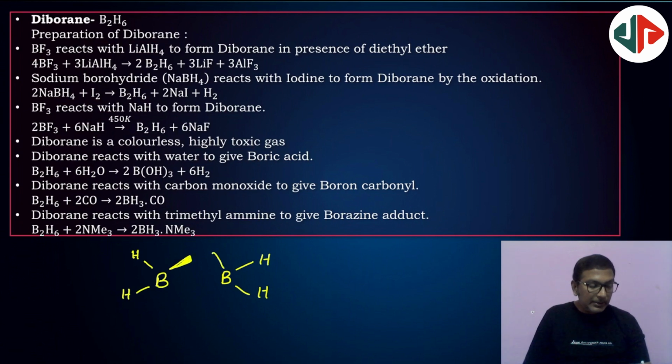So this hydrogen, one is above the plane and the other one below the plane. Remember like this. So here the boron atom undergoes sp3 hybridization. Here also sp3.